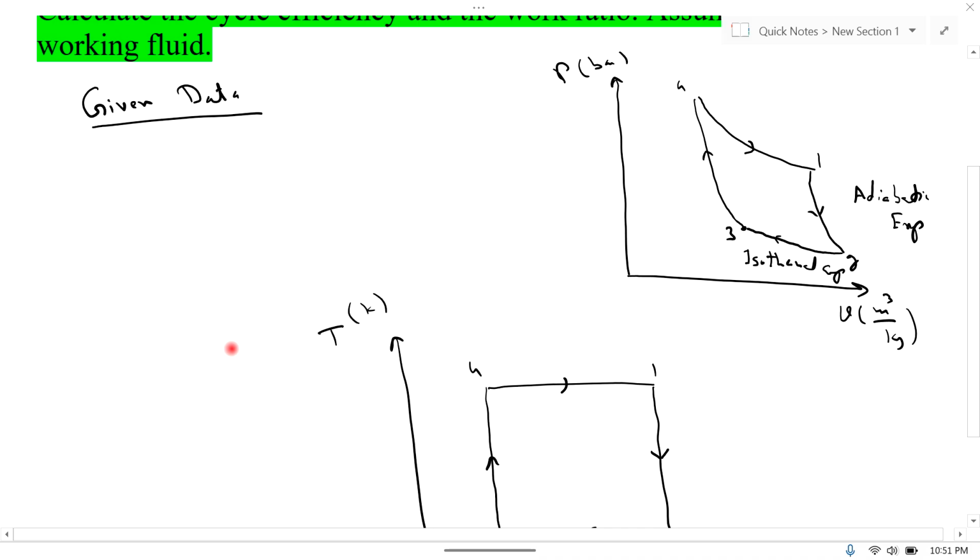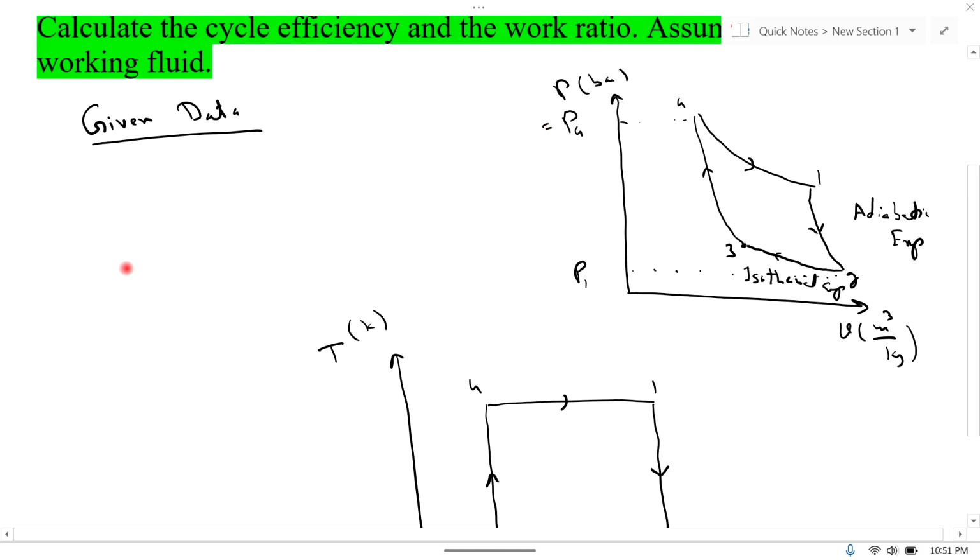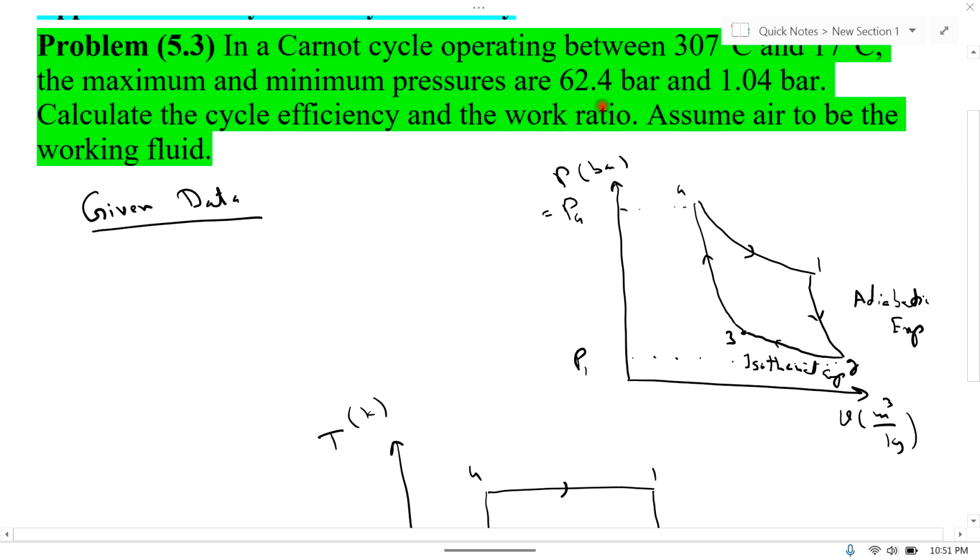Now the maximum pressure is P4, and P1 is the minimum pressure. P4 is given to us as 62.4 bar, and the minimum pressure is 1.04 bar.